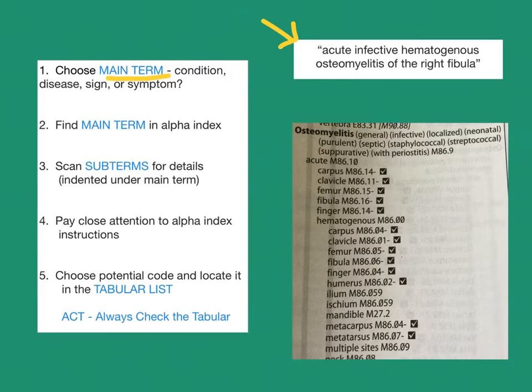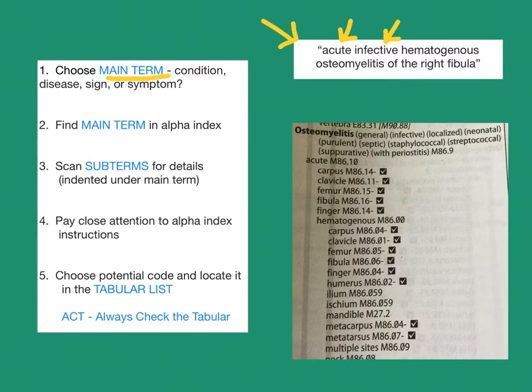So why osteomyelitis? Well, if you take a close look at each of these words, for example, acute, this just describes the condition, just means it has a sudden onset. It's not a condition in and of itself, but it describes a condition. Same thing with the term infective.